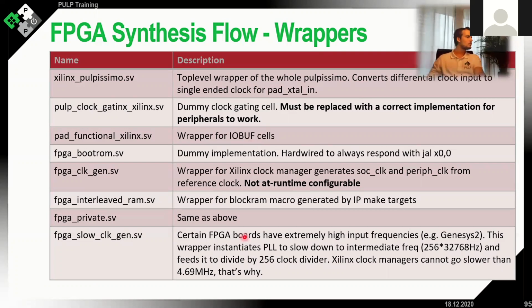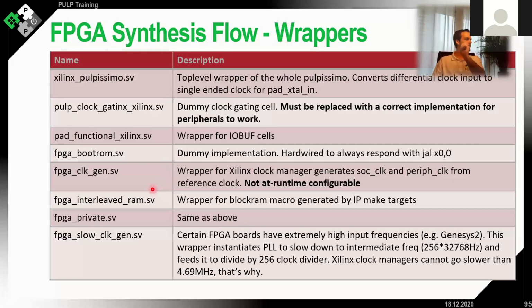So no booting from flash using boot ROM as it is now, but it's not hard to replace that. You just instantiate a ROM or some large memory within the FPGA boot ROM wrapper.